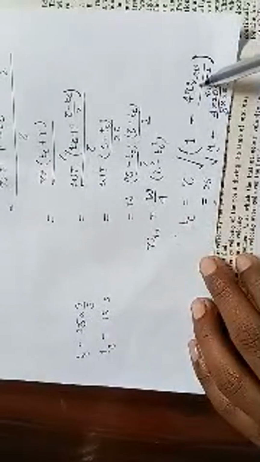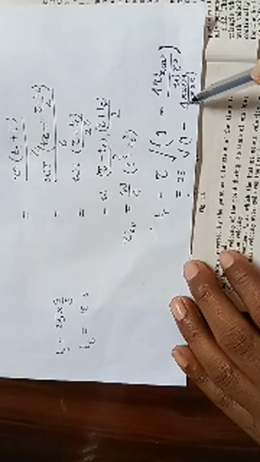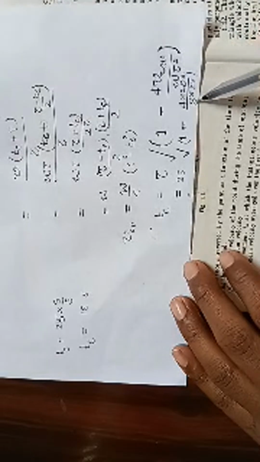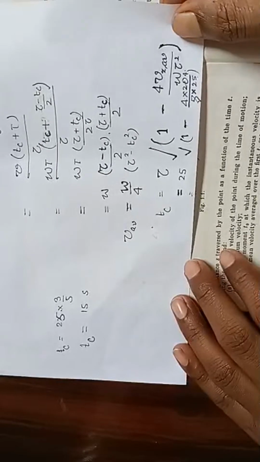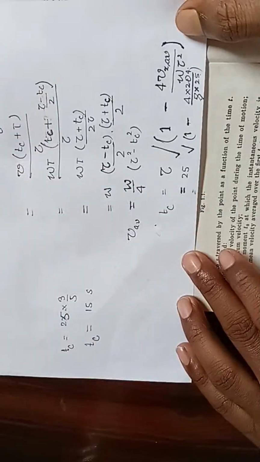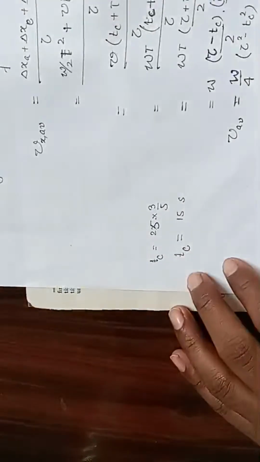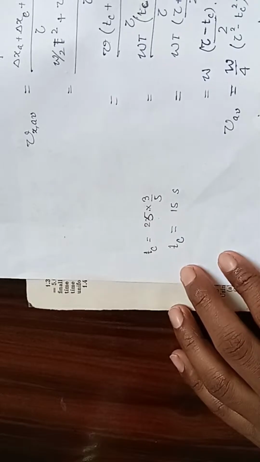The average velocity is given as 72 km per hour, and if it is converted into meter per second, it will be 4 into 5, which is 20 m/s. Here is the 5, is the 25. Finally, calculating this value, it is 15 seconds.